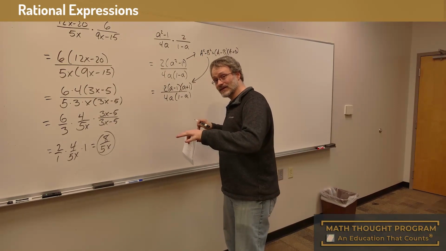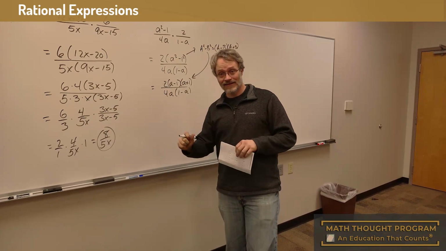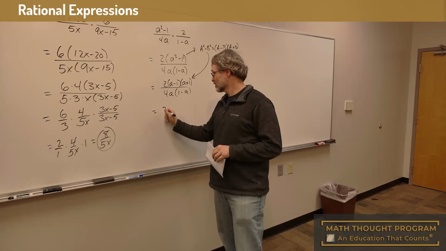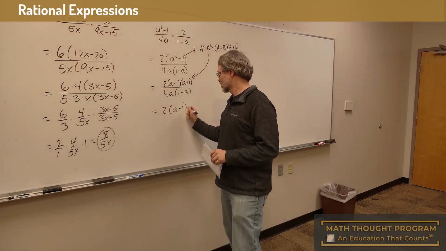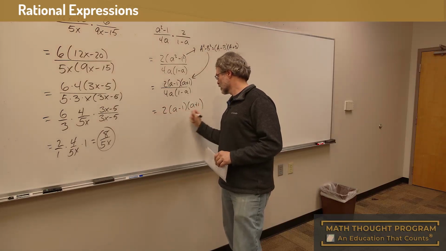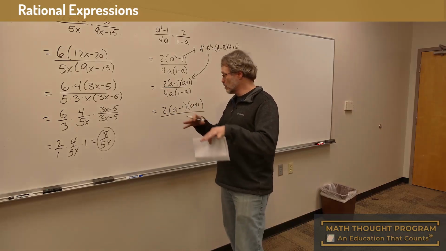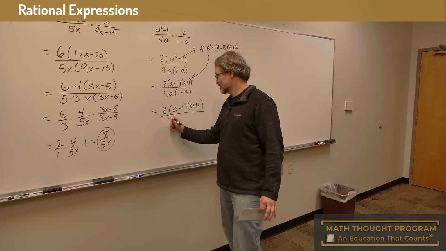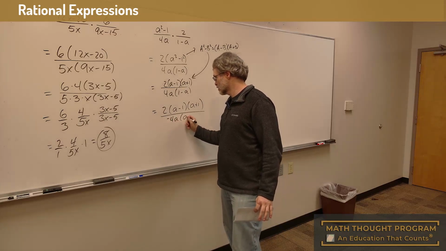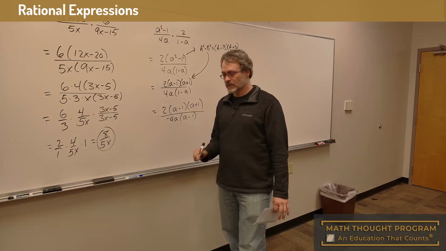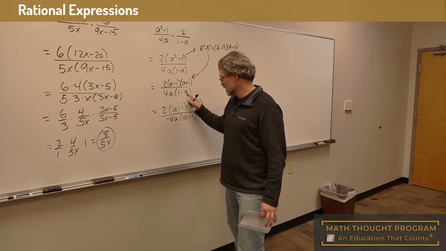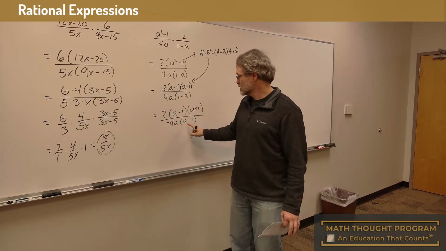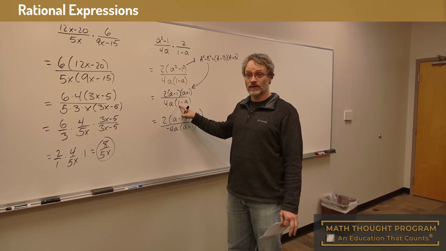So I take the sign, the negative, and I factor it out. Now, I can factor it out in the numerator, the denominator. It doesn't really matter. Just make sure it gets factored. And there it is. Negative 1 times a gives me back negative a. And negative 1 times negative 1 gets me back to positive 1.